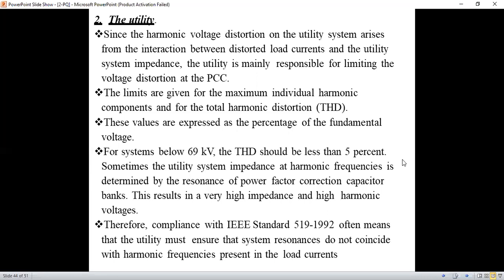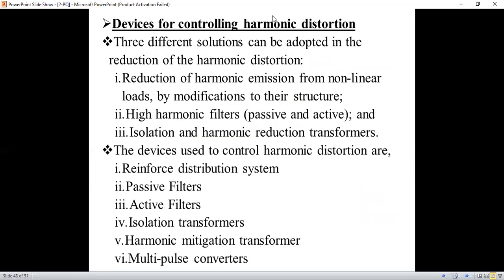The next one is the devices for controlling the harmonic distortion. Harmonic distortions are coming, we have discussed that. If there are any faults, sudden loads adding or removing, short circuits, open circuits, or resonance, the distortion will come.